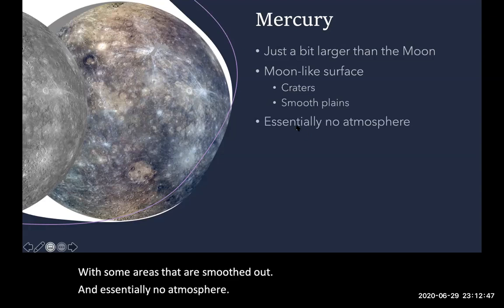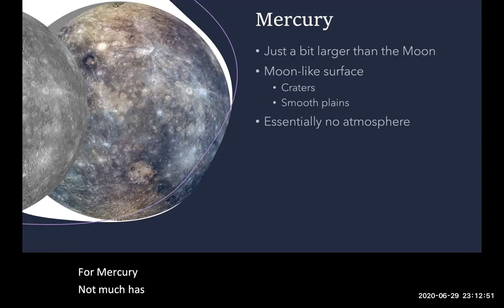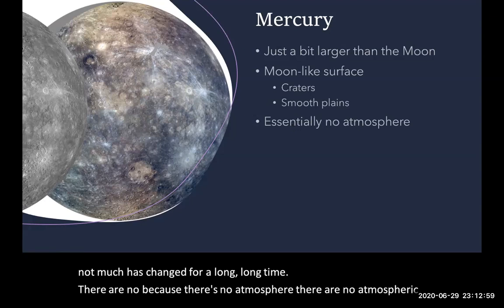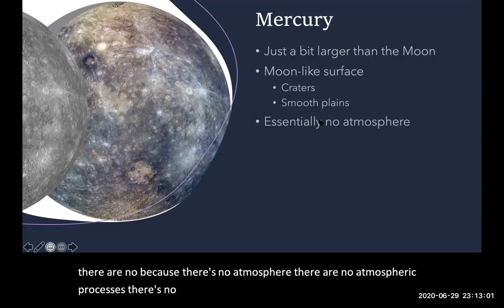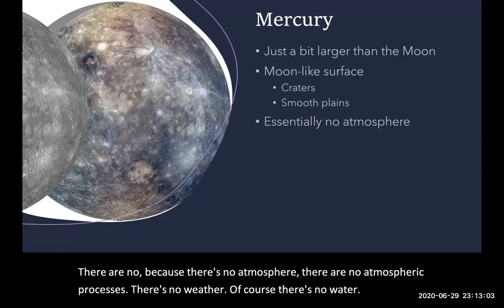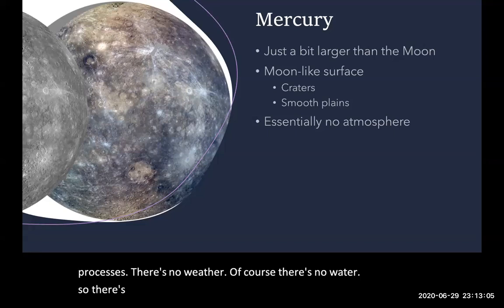So for Mercury, not much has changed for a long, long time. Because there's no atmosphere, there are no atmospheric processes. There's no weather. Of course, there's no water. So there's nothing flowing or blowing over the surface to change anything.